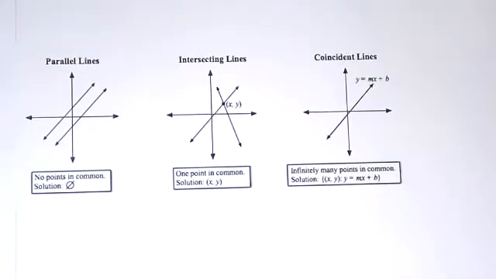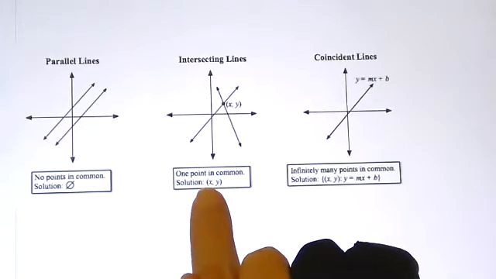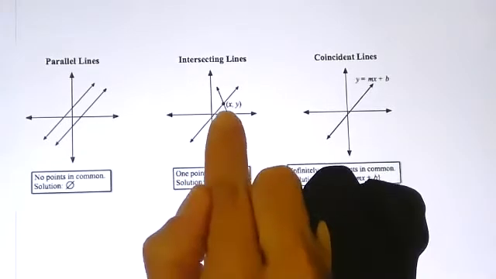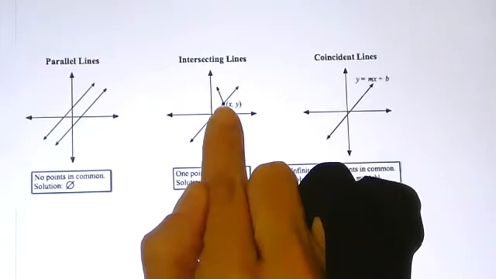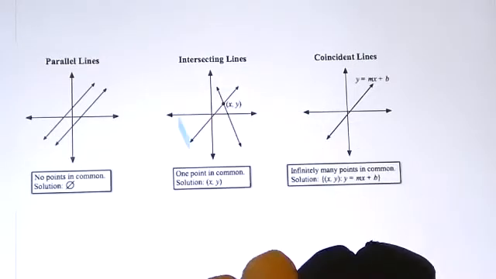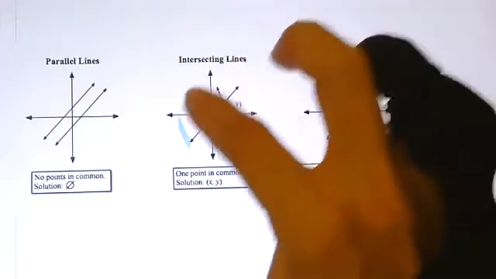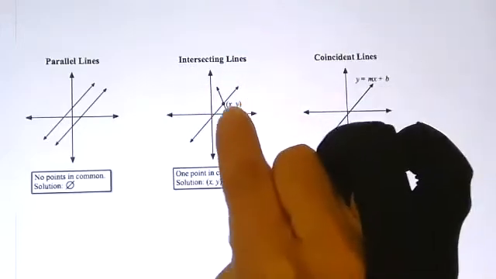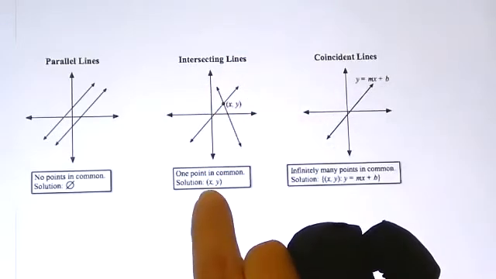A system is 2 lines, okay? Most of the time, this is what happens. You have 2 lines, they intersect, that's your solution. Your solution is x comma y. So most of the times when I give you a system, you will have a system that intersects at one point, and that's your solution.